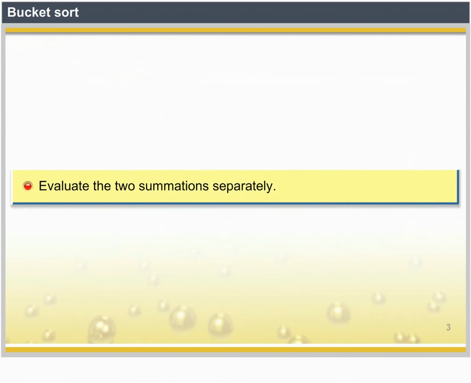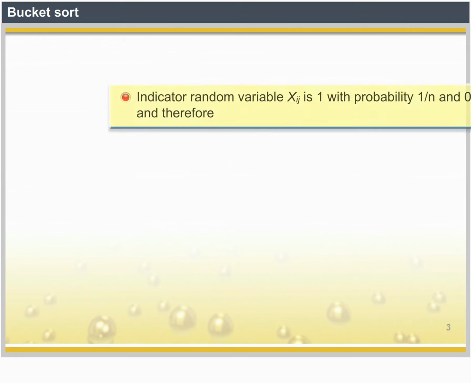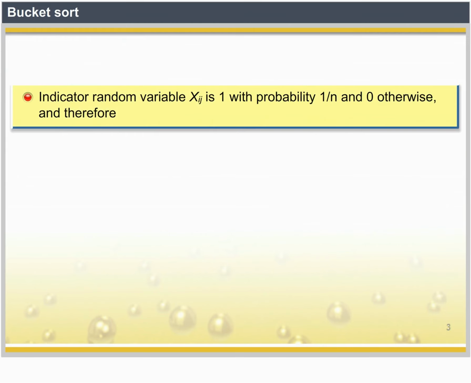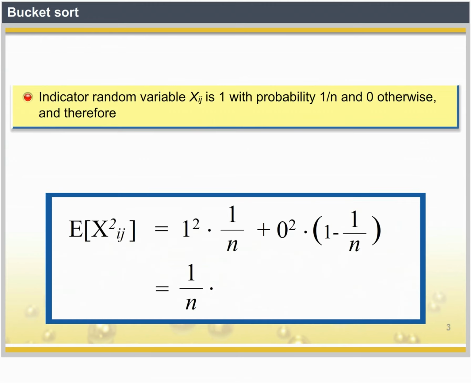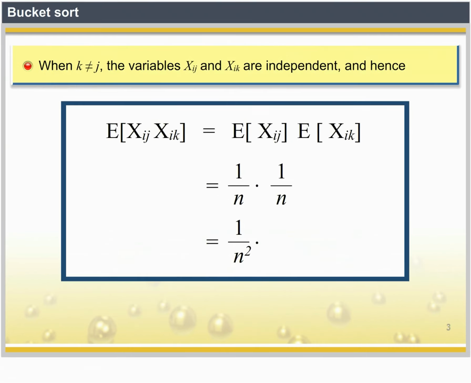Indicator random variable xij is 1 with probability 1 by n and 0 otherwise, and therefore E of xij square equals 1 by n. When k not equal to j, the variables xij and xik are independent, and hence E of xij xik will produce 1 by n square.